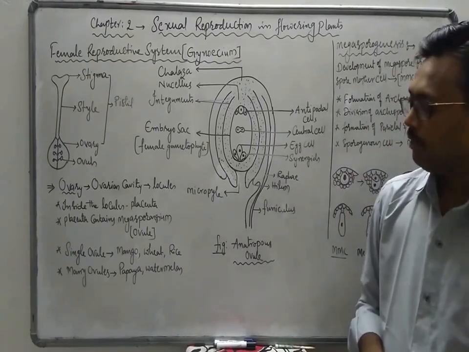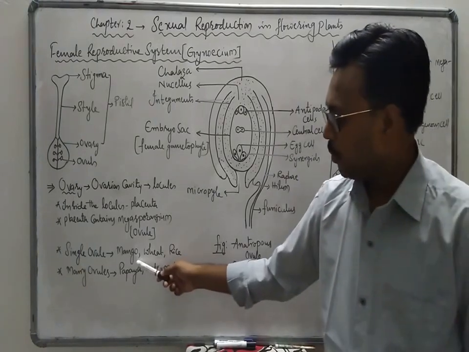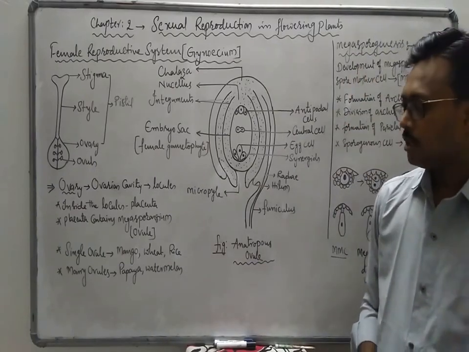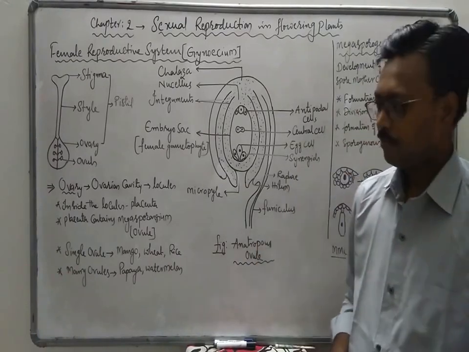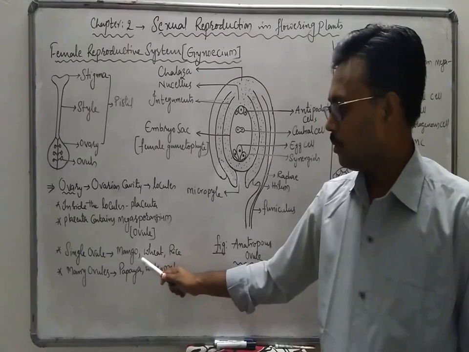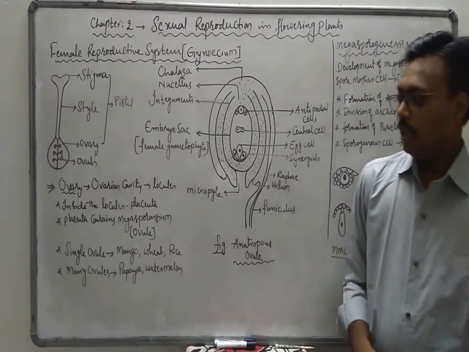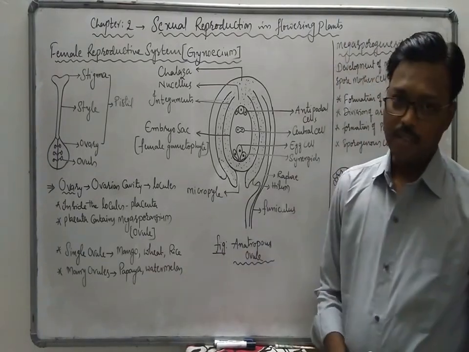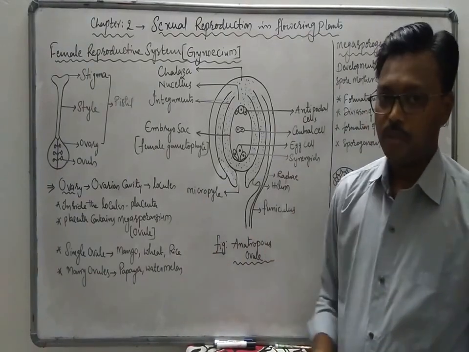Now the number of ovules in the ovary depends on the species. For example, in mango, wheat and rice, only a single ovule is present in each ovary. But plants like papaya and watermelon have more than one ovule.